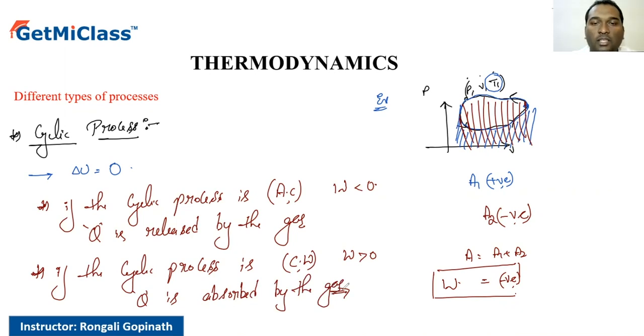These are the important things that we have to remember in case of a cyclic process. First thing is the total change in internal energy is zero. And if the cyclic process is in clockwise direction, work done is positive by the gas. If the cyclic process is in anti-clockwise direction, then the work done is negative by the gas, or heat is released by the gas, right?